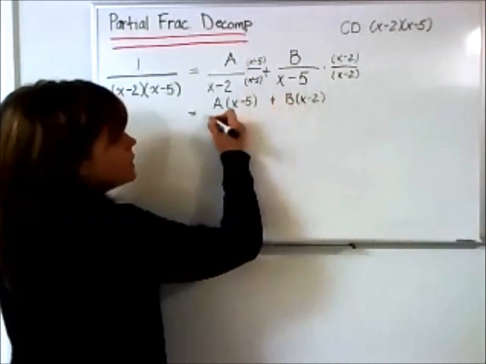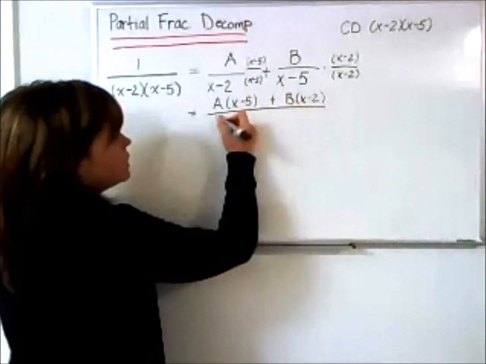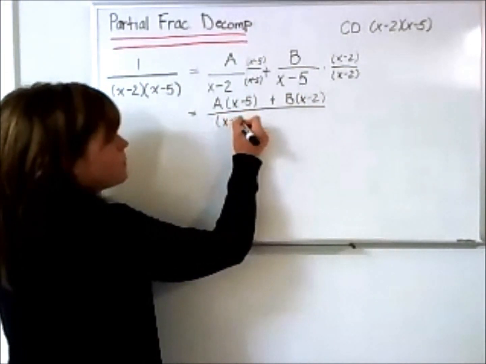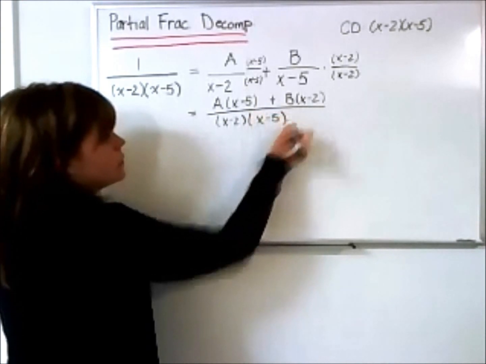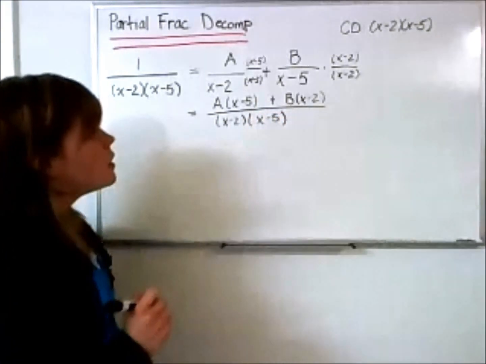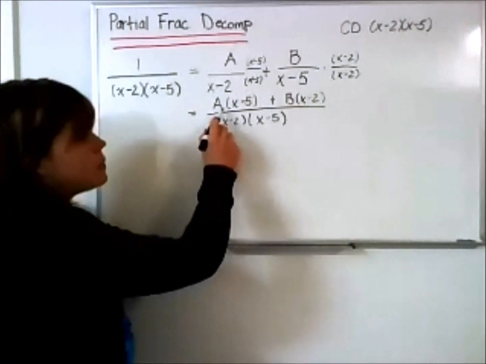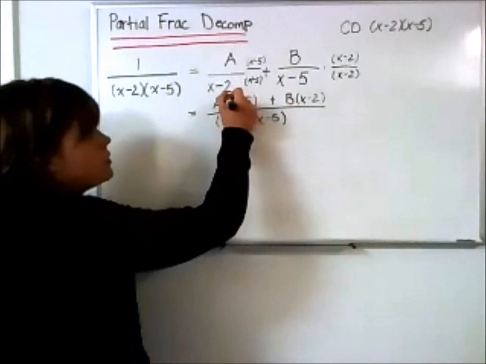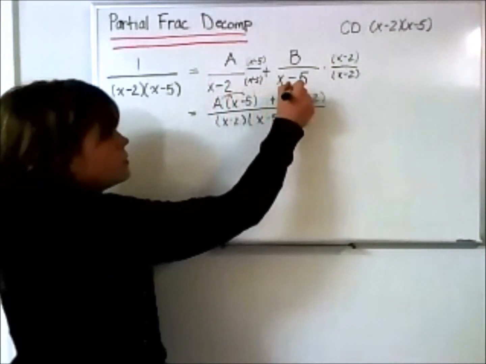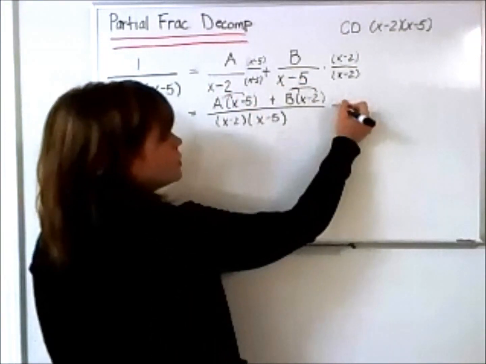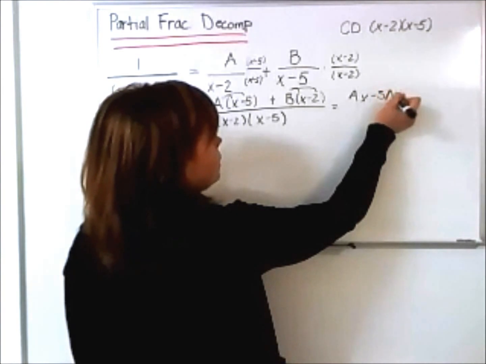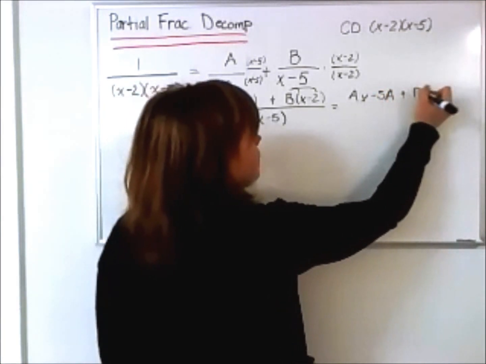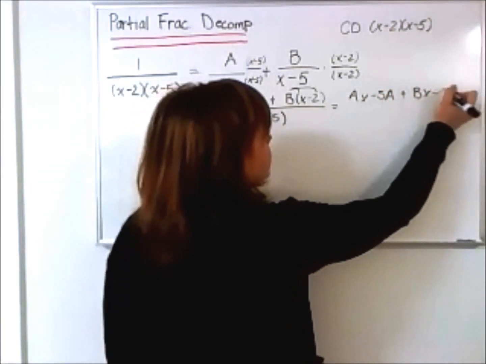And because we found a common denominator, it's all over the same one: x minus 2 times x minus 5. Alright? The next step I'm going to do is distribute each of these. Okay? So that I get Ax minus 5A plus Bx minus 2B.